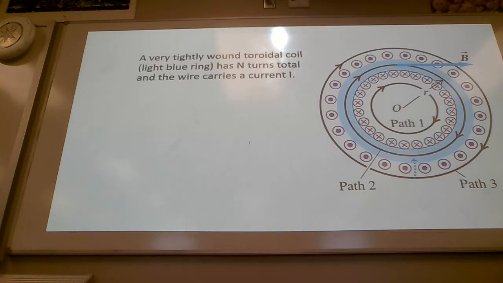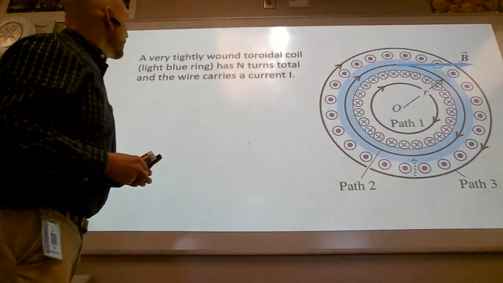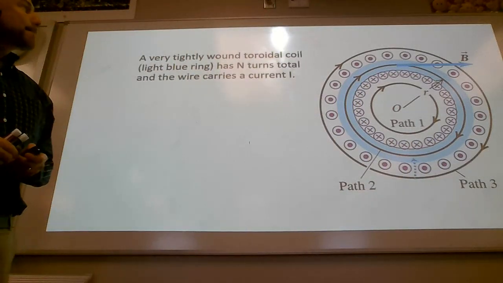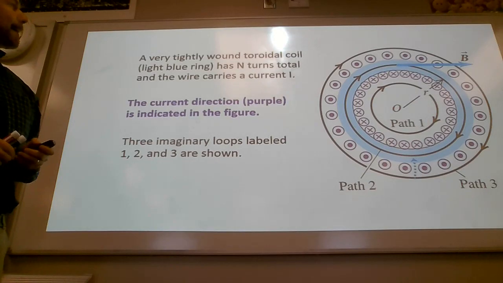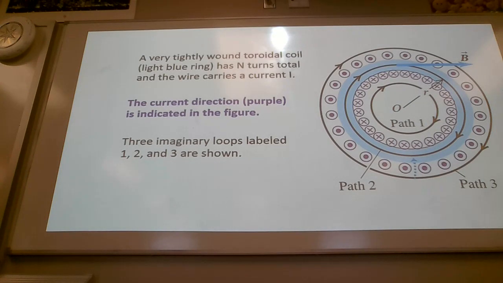All right, so we're going to look at the Amperian loop. There are three imaginary loops: path 1, 2, and 3.